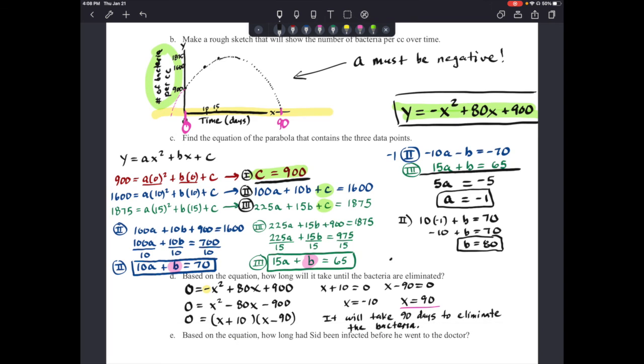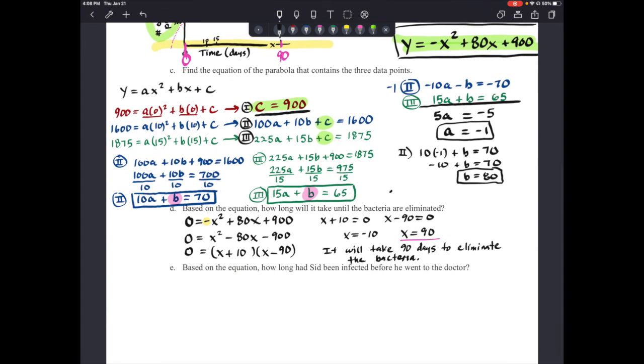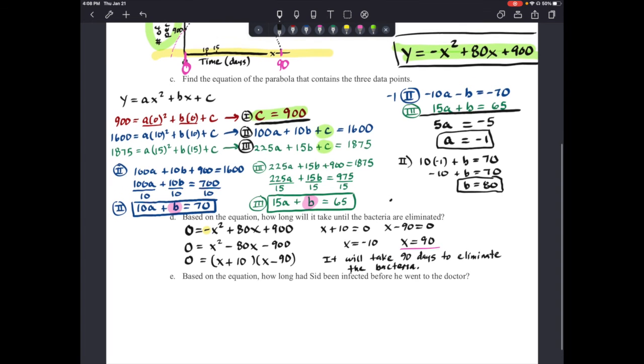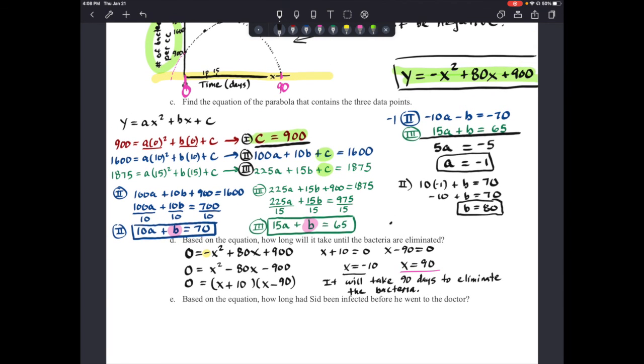So then letter E says, based on the equation, how long had Sid been infected before he went to the doctor? That's where our other answer comes into play, because it looks like he was at 0 bacteria back here. This would have been 10 days back, because this is the value negative 10. We're on the x-axis, which means the y value is 0.